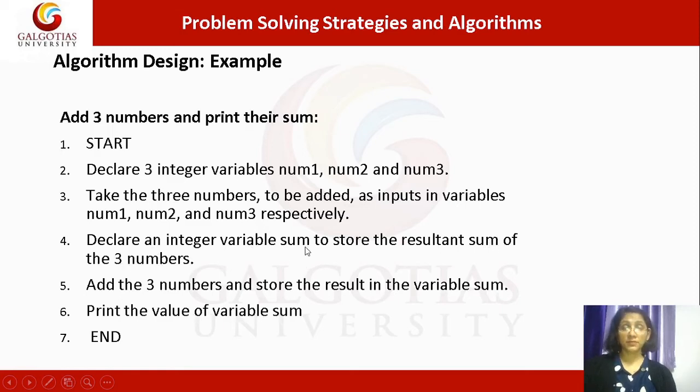Here you observe that the variable sum we are considering as an integer variable. Why are we considering it as an integer variable? Because the input variables are also integers, and all of you know that the sum of integers is an integer. So therefore, the result should also be an integer. In the fourth statement, we are declaring sum as an integer.